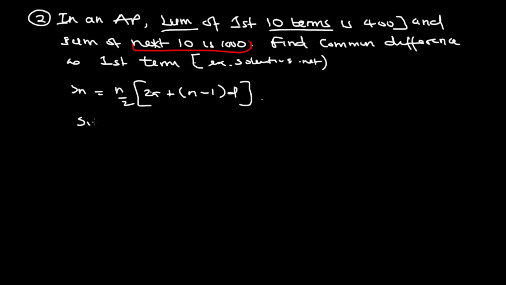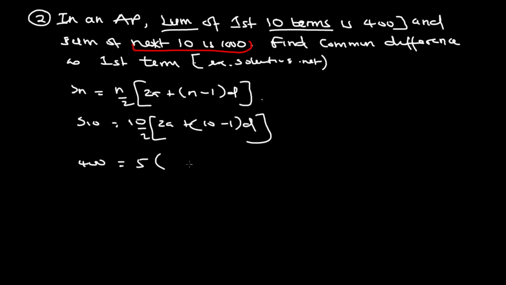So we're going to say S10 is equal to 10 over 2, and then 2a plus (10 minus 1)d, d we don't know, so we write it like that. Remember they gave us that S10 was 400, the first 10 terms. Then 5 times (2a plus 9d), we can divide 400 by 5 and we get 80. So 80 is equal to 2a plus 9d.